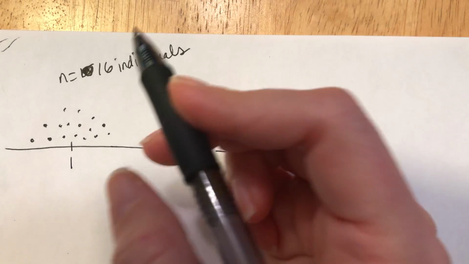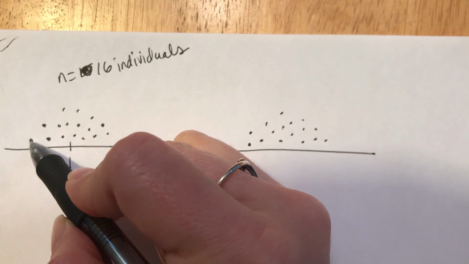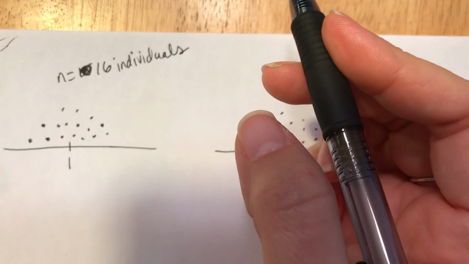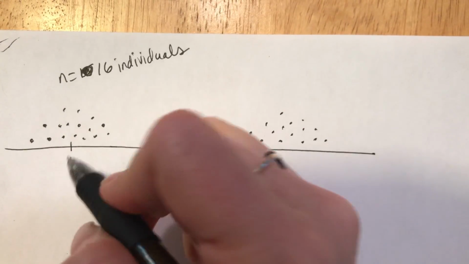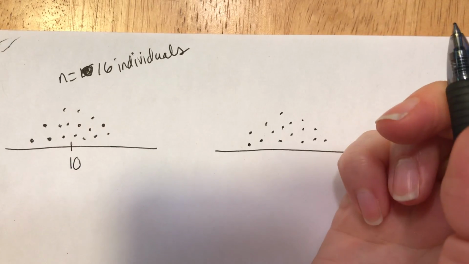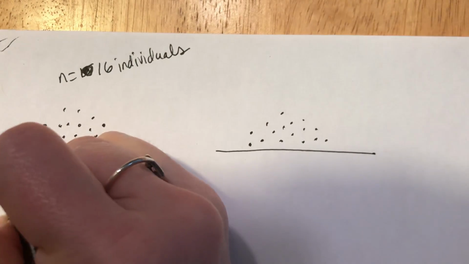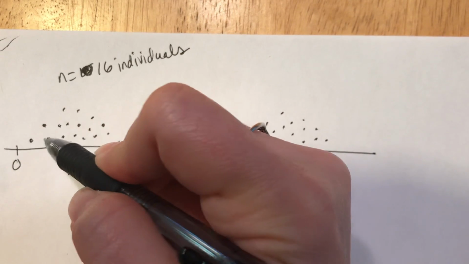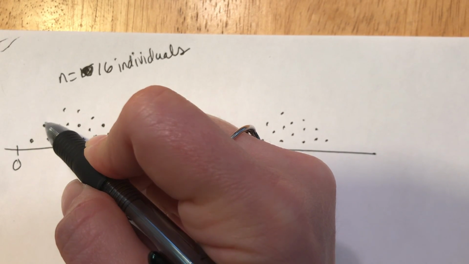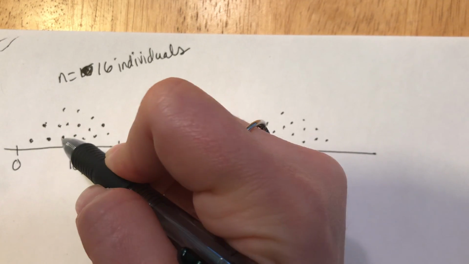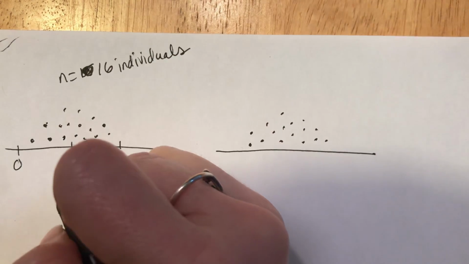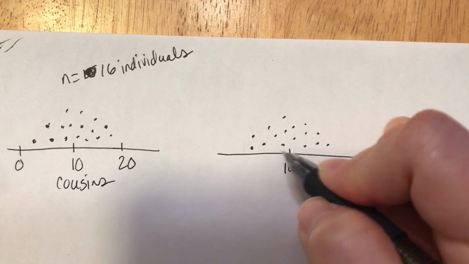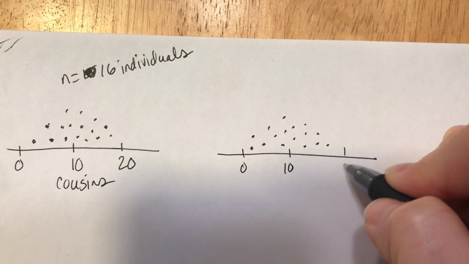You can't have a fraction of a ticket, so I picked a silly example. Let's say this is the number of cousins you have. 10 cousins, 0 cousins, 20 cousins. So this would be a person with 2 cousins, this a person with 5 cousins, this a person with 4 cousins, this a person with 9 cousins, and so forth. This is your cousins. Over here, I could still have a center of 10, and then 0 and 20.